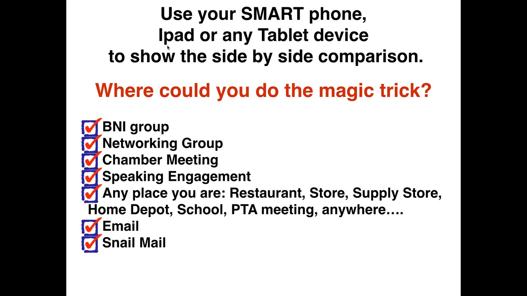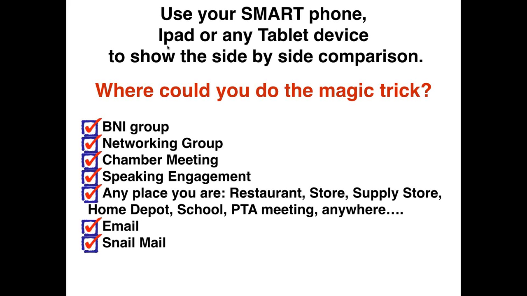Like me, when I did my Let's Go Out strategy, I was in a restaurant, hometown little restaurants, hometown stores, supply stores. I have talked to people at Home Depot. You know how you're going down the aisle with the cart, and I don't like Home Depot. It's too big. So I talk to people to get over my anxiety of the 100-mile trek trying to find whatever I'm looking for.